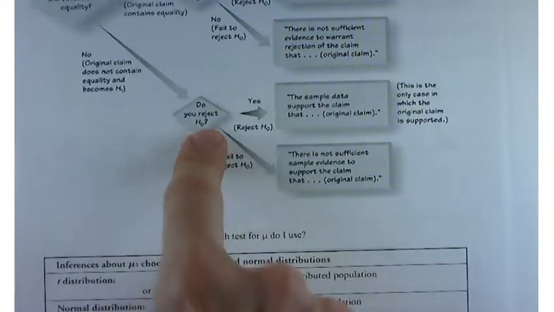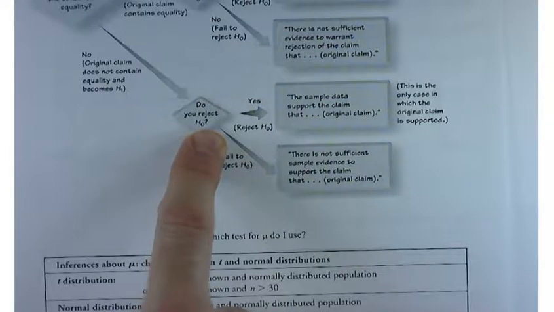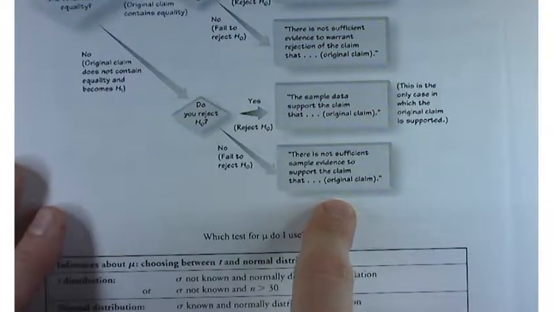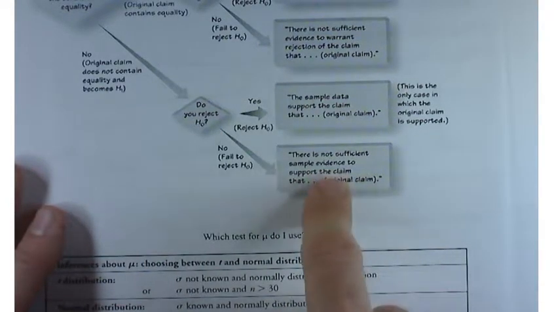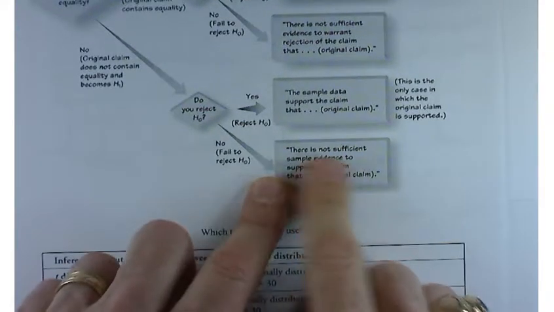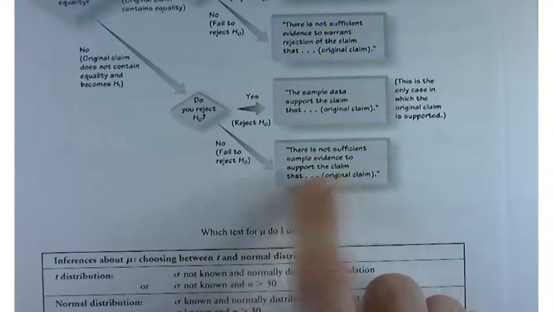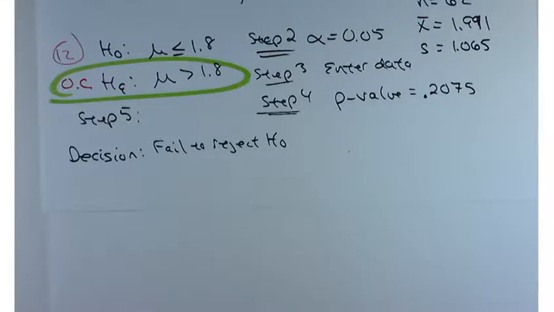Did we reject our original claim, or did we reject H naught? No. So you're down here. So this is the wording of your conclusion. There is not sufficient sample evidence to support the claim that the mean weight of trash is greater than 1.8 pounds.